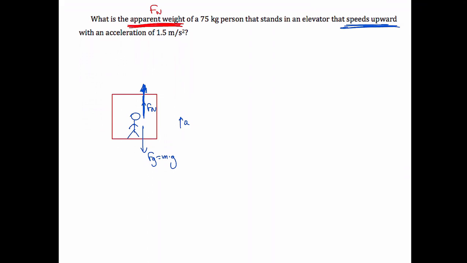Now, in order to find the normal force or the apparent weight, we're going to use Newton's second law. F net is equal to mass times acceleration. Two forces, with greater force upward, so the F net we can substitute with F normal minus force of gravity. It is equal to mass times acceleration. The normal force is unknown.